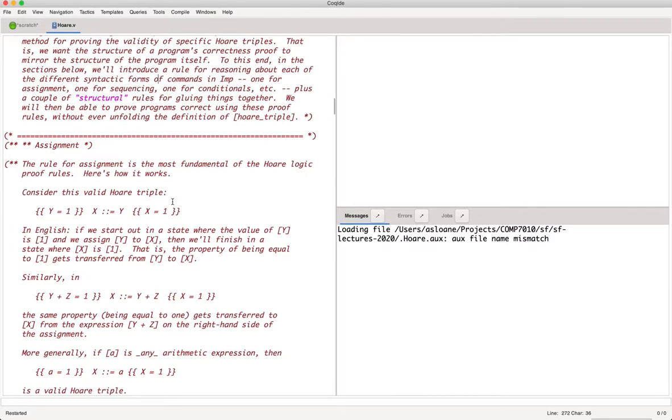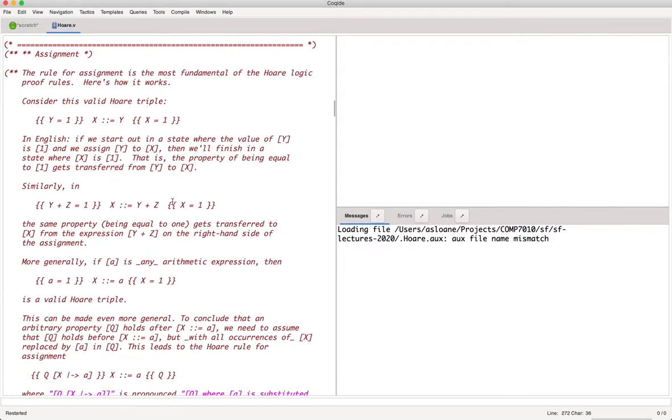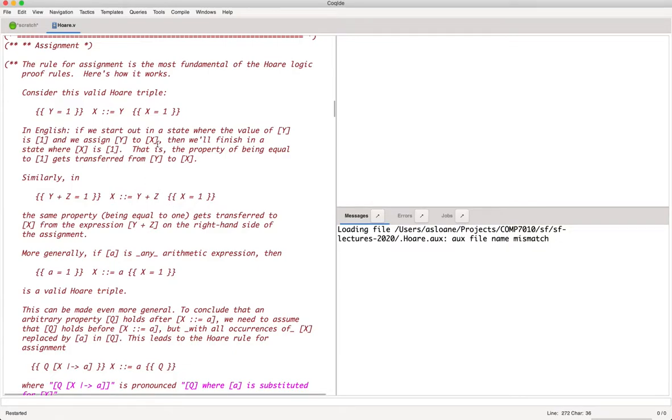Okay, so if we think about assignment in IMP, we've got this sort of situation here. So we've got some assignment of y to some variable x, and we know something, say, about y beforehand, then we can use that to conclude something about x afterwards. So this one is pretty simple.